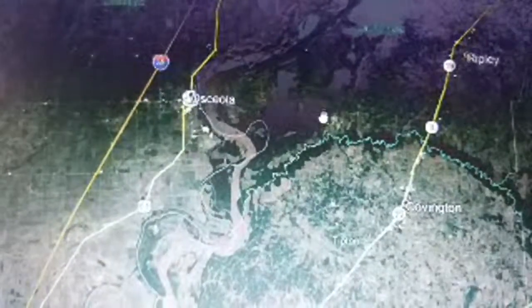You have the mighty Mississippi River snaking its way past Missouri, Tennessee, Mississippi, down Louisiana.